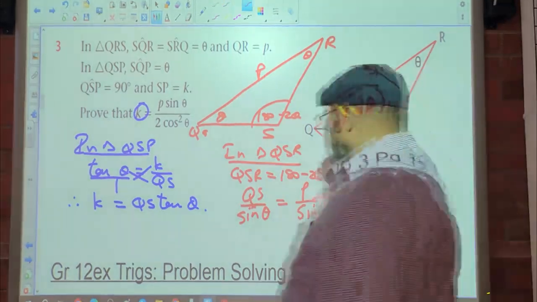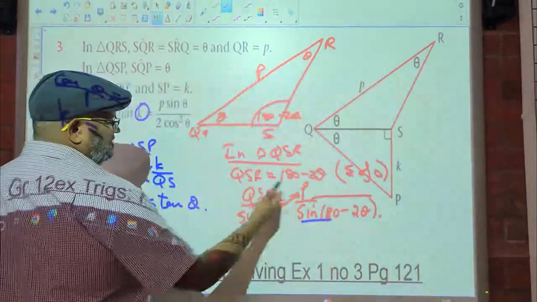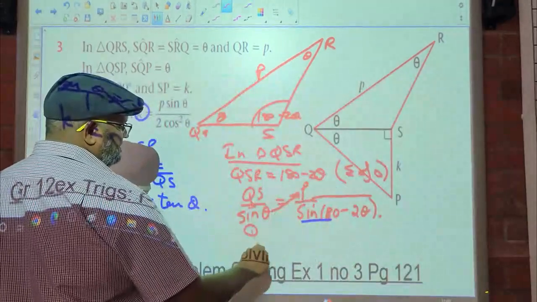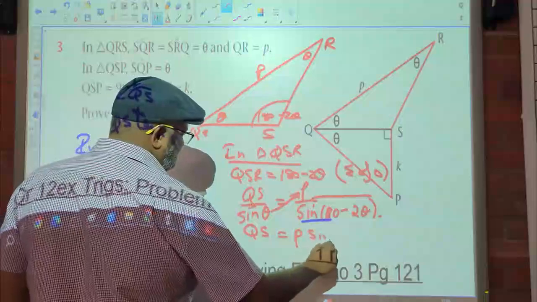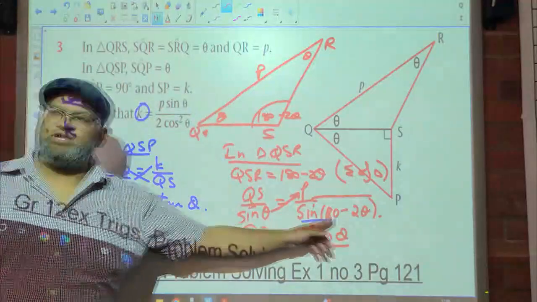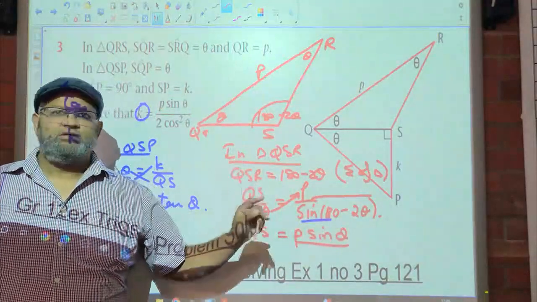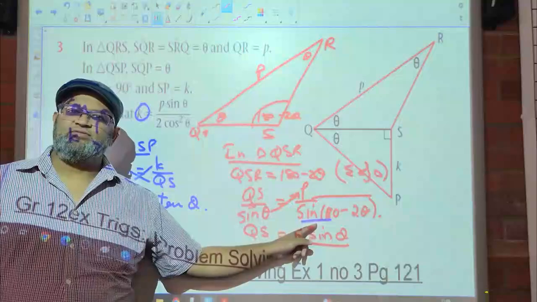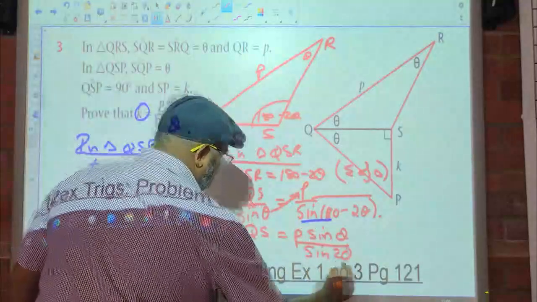What I'm going to do is reduce this using the reduction formula. Otherwise you can cross multiply. So QS is equal to P sine theta over sine of 180 minus 2 theta. Which quadrant does this put you in? Second quadrant. Is sine positive or negative? Positive. So it's going to be sine 2 theta.